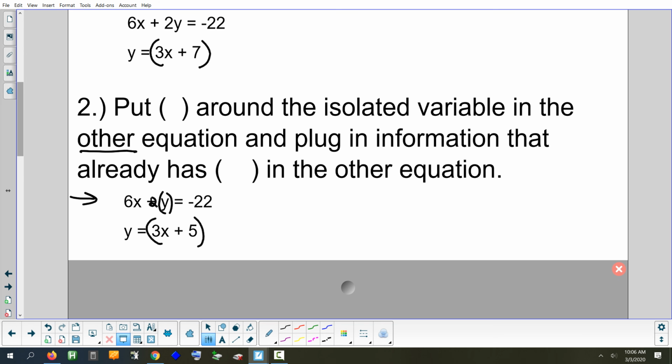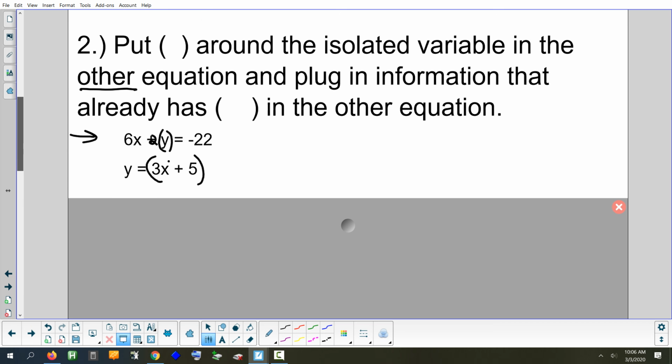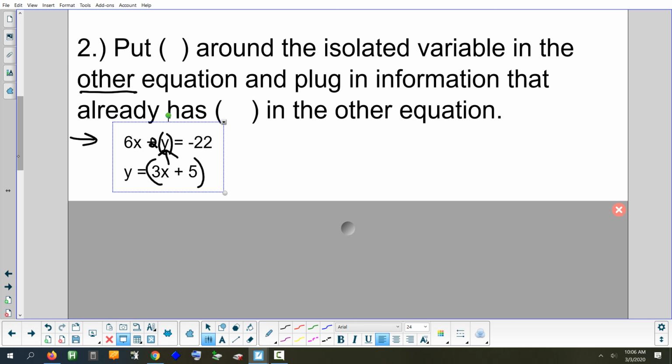Now, it says plug in the information that already has parentheses around it. So what I usually do at this step is I draw an arrow like that. It says right here, 3x plus 5 equals what in the bottom? It says it equals y.